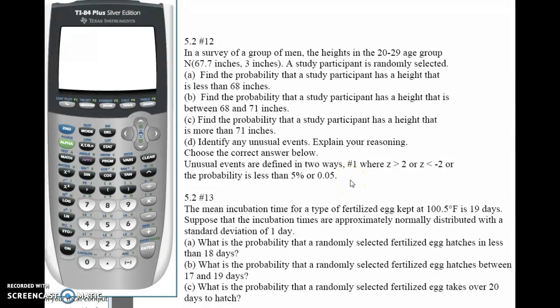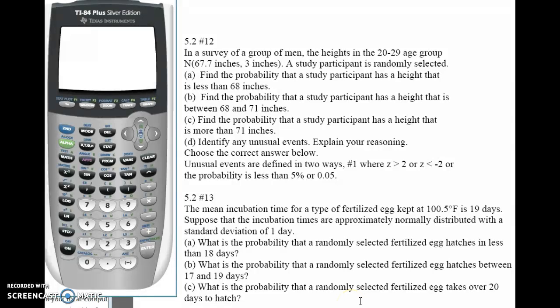The first way is z is greater than 2 or z is less than negative 2, but we don't have z-scores. The second way is often that the probability is less than 5% or 0.05. We didn't have any answers, as I recall, that were less than 5%. So I would choose an answer that said none of the above.